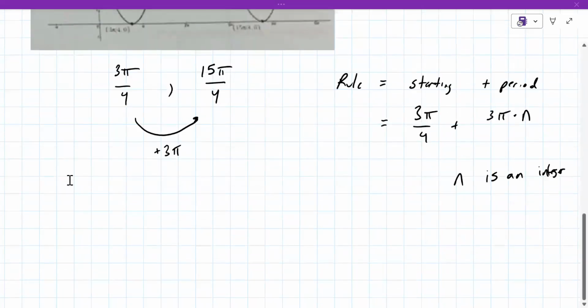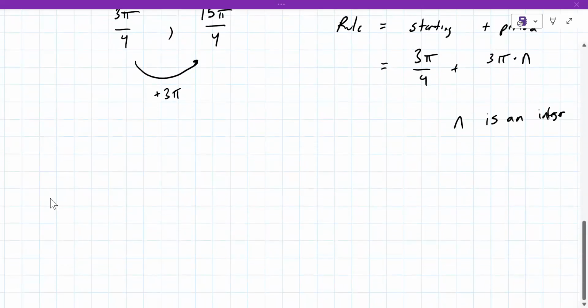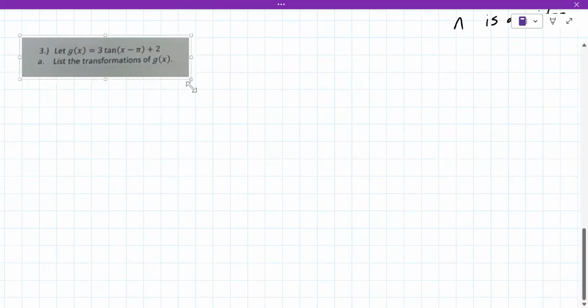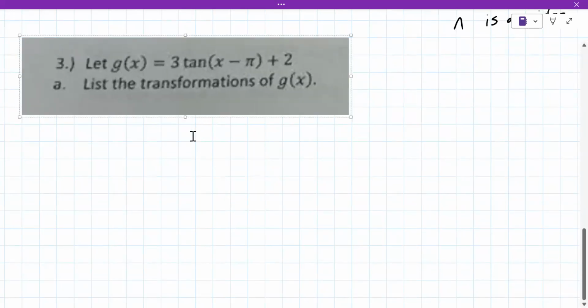So for the next problem here, it says to first list the transformations of g of x. So there are 3 of them. Can you tell me any of the 3 transformations that you see? A vertical stretch of 3.